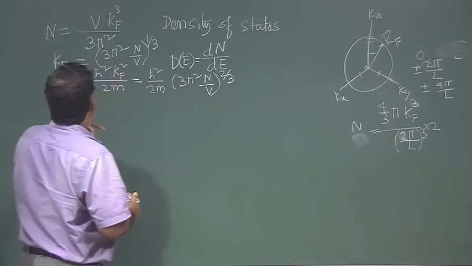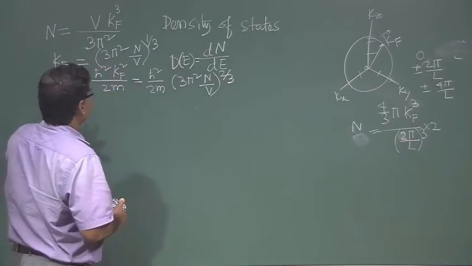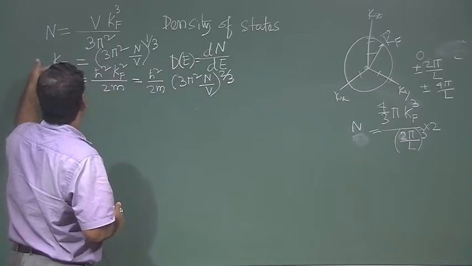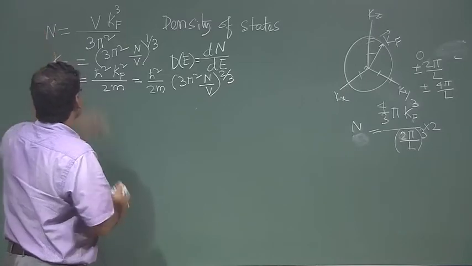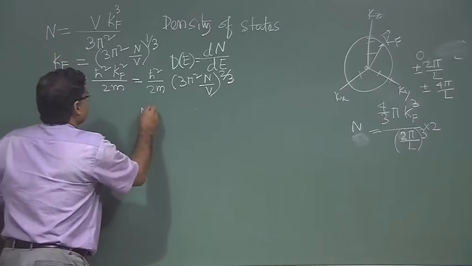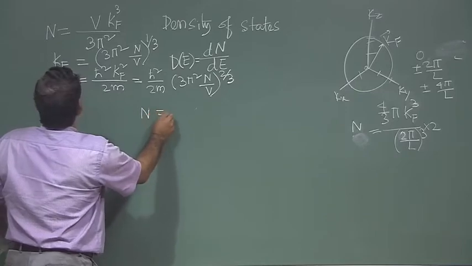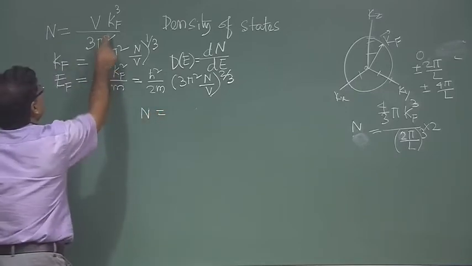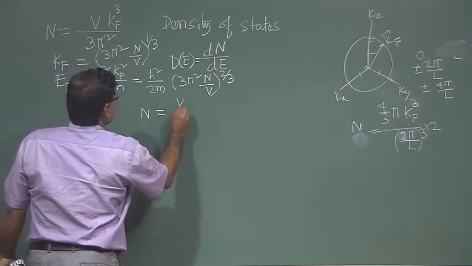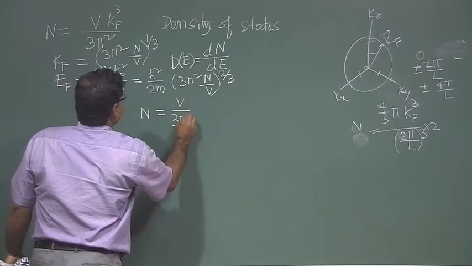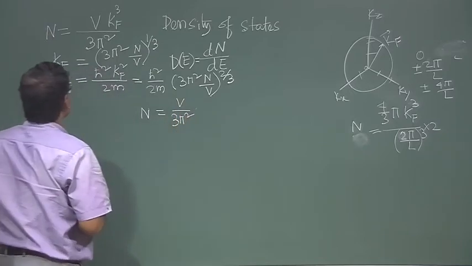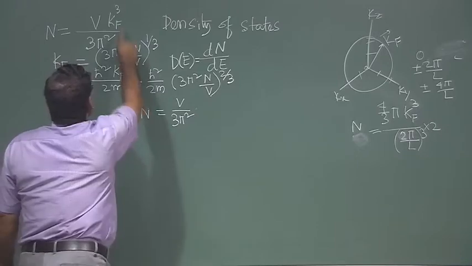Now I have n. So, n is equal to, put kf here. So, v by 3 pi square kf cube.